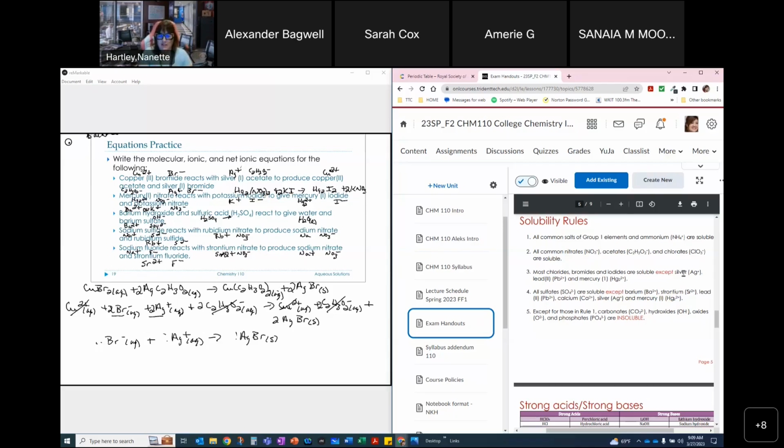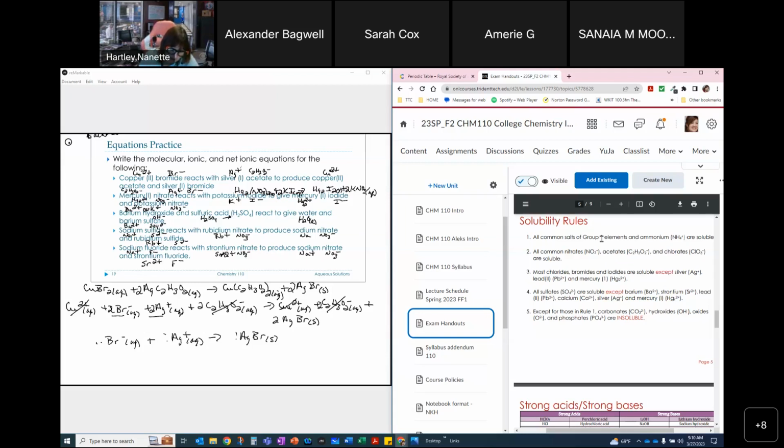Okay, so that's down. Now, in terms of what is soluble, I know that everything I started with is soluble. My mercury 1 iodide is one of my insoluble exceptions. So most chlorides, bromides, and iodides are soluble except mercury 1. So this is my solid right here. And then KNO3. Now, KNO3, K is a group 1 element, so that is soluble. All right.